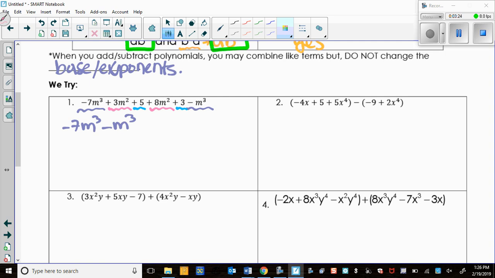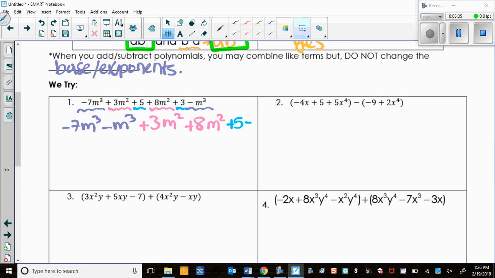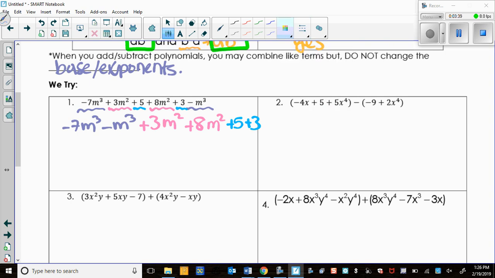Again, this step you might want to skip down the road. And then my last one, I have positive 5 and positive 3. So this is essentially what I'm doing. I'm going to combine my pink terms and I'm going to combine my constants.